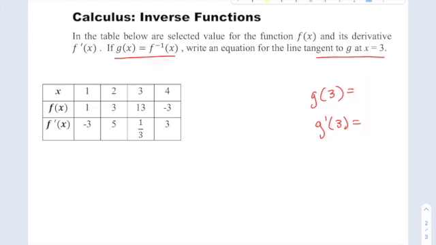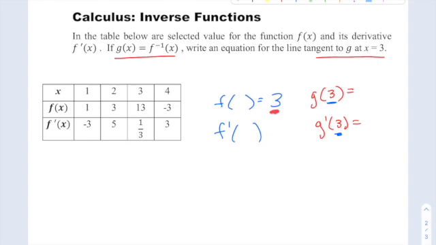So here we go. We're just going to think about it the same way here. The other function, the inverse function, is f. And how are these things connected? If 3 is the x value on g, then that means it's the y value on f, right? And so that's your first thought, finding that inverse coordinate.